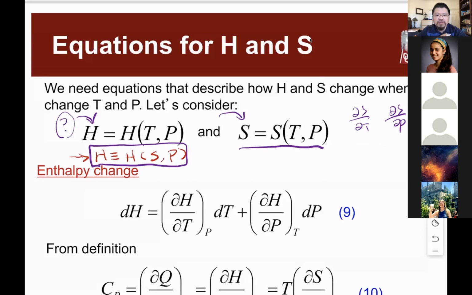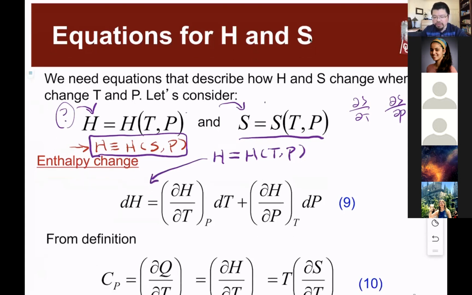And if we are able to achieve that goal, then moving forward, when we calculate the entropy and entropy contributions, we could use these two equations. So let's move on to see how we can solve the two requests. First of all, we always start with the definition or the request itself. Here, if the request is we need to express entropy as a function of T and P, then let's write down the full derivative of that equation.